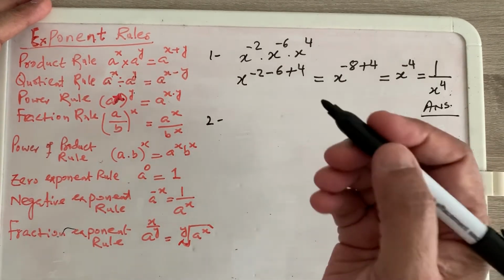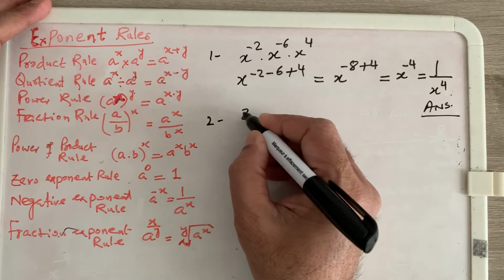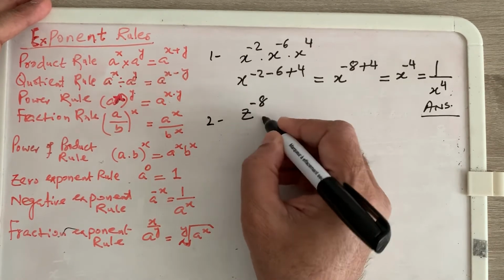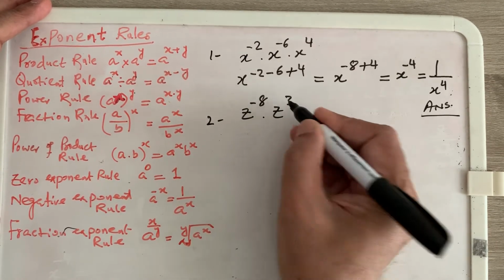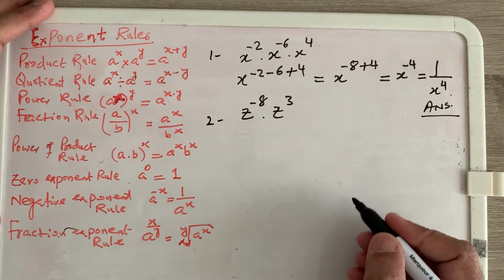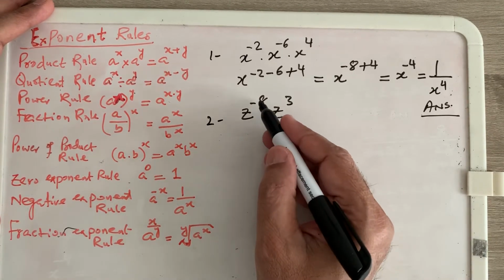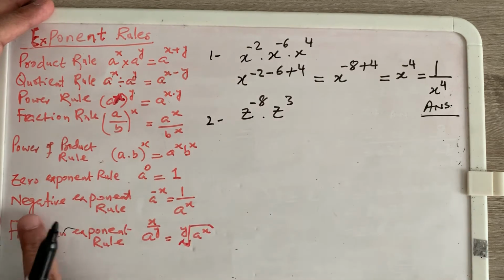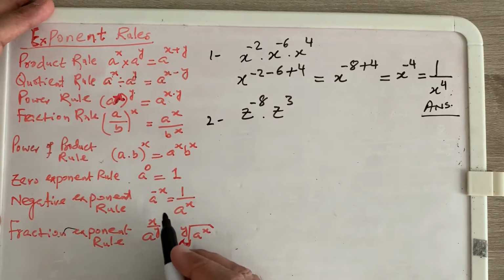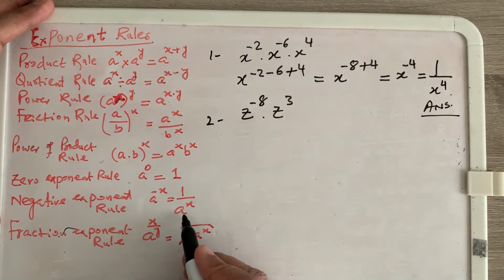Now example 2. Maybe we have something like the same. z to the power minus 8, let's say, make it any example to understand. So z to the power minus 8, by this negative exponent rule, it will go to the denominator and become positive.